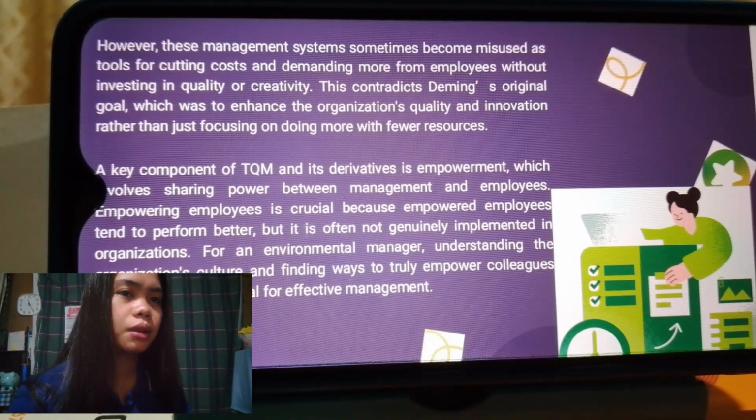However, this management system sometimes becomes misused as a tool for cutting costs and demanding more from employees without investing in quality or creativity.